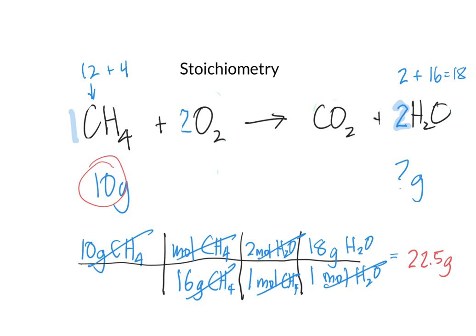But since I have two sig figs, I'm going to say 23 grams of water. And that is the amount of water I get when I react 10 grams of methane, CH4. And that is how we do stoichiometry.